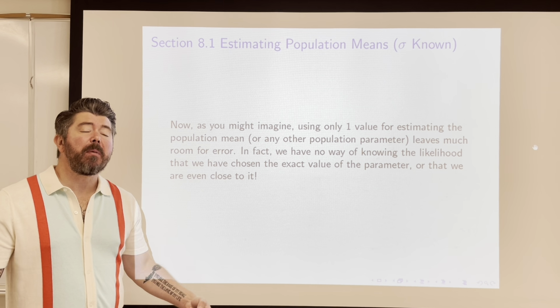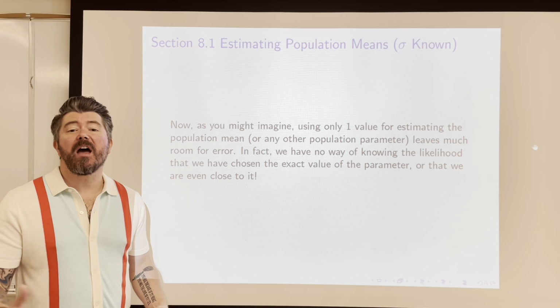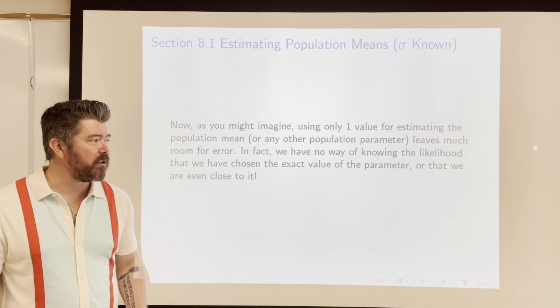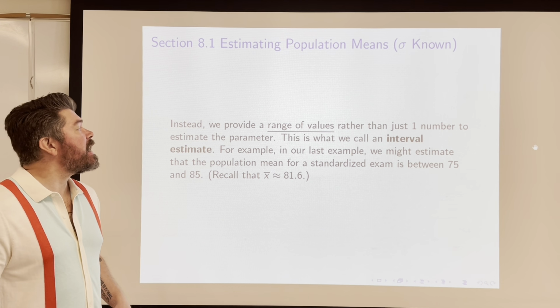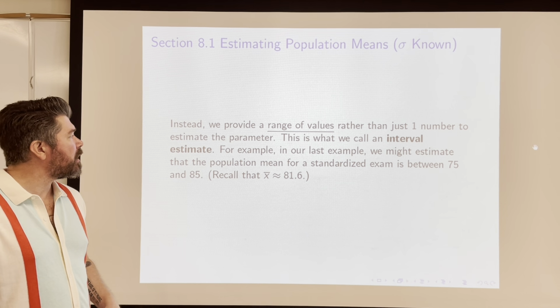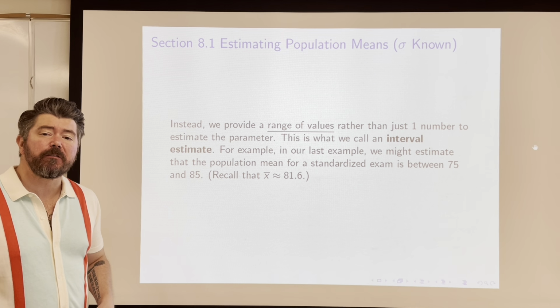So if you think about it, this should make sense. Choosing a single number to estimate an entire population is probably not a good idea. So instead, we provide a range of values rather than just one number to estimate the parameter. This is what we call an interval estimate.